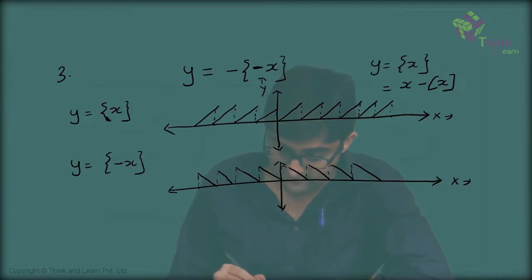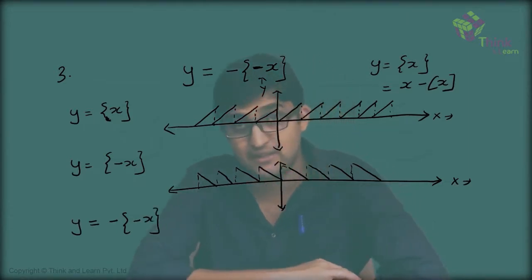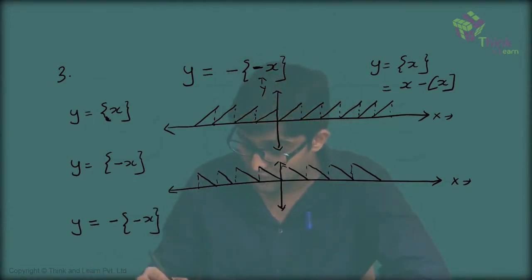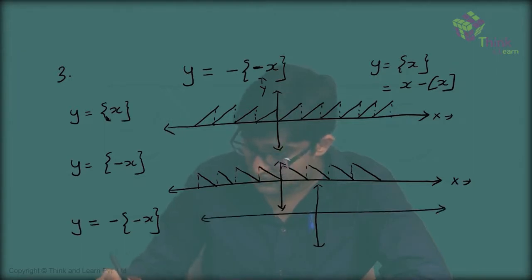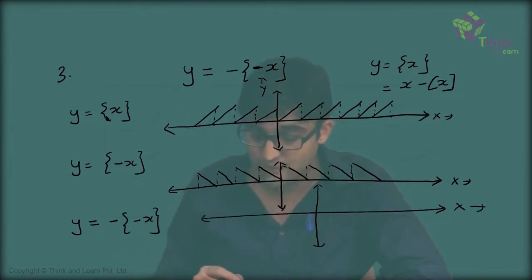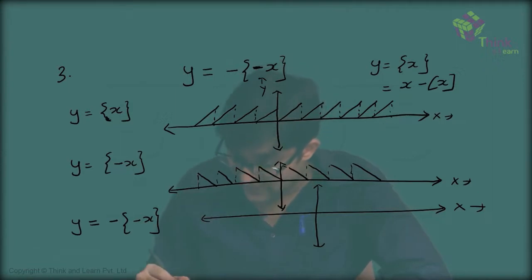Now what are you doing? Now you are adding one more negative sign, but the negative sign is to the entire function, or to the y part of it. So the function again flips, but this time the flip is about the x-axis.